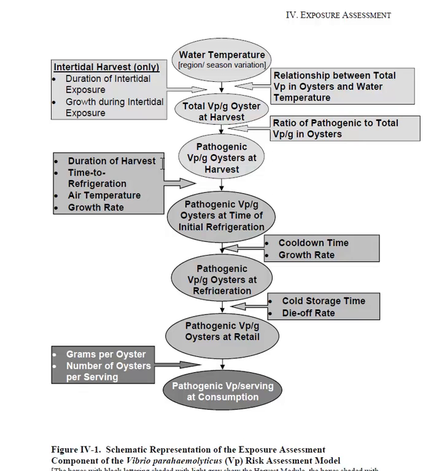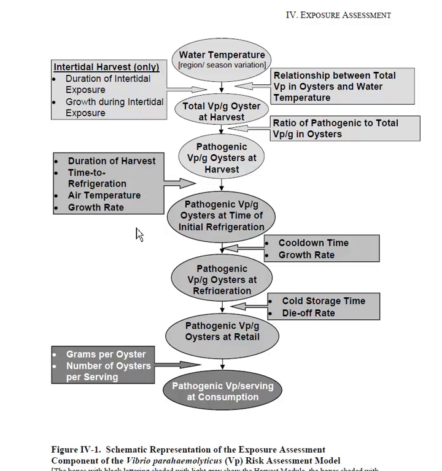While they are there, the air temperature becomes an important factor because that is a primary determinant of the growth rate of the Vibrio in the oysters as they sit on the deck of the boat. Okay? So, using that information and predictive microbiology, we are able to estimate the number of Vibrio parahemolyticus per gram of oyster flesh at the time the oysters are initially refrigerated.